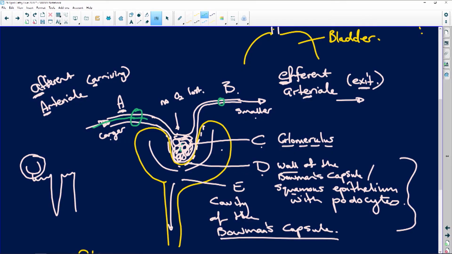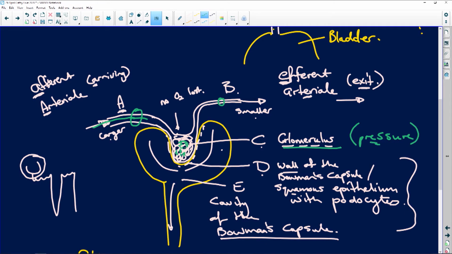bunch here. This whole bunch of capillaries here that make the glomerulus. That's where we have the pressure. All right. Now, what does that pressure do?